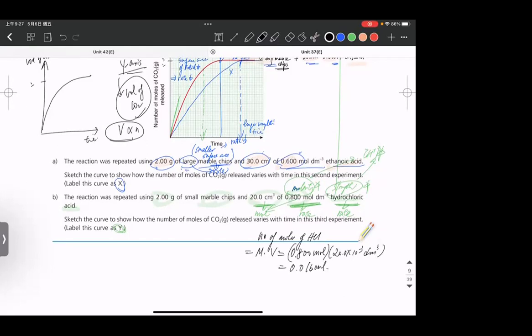How about the marble chips, 2.0? So how is the number of moles the mass over molar mass? Do you still remember how you get the answer? It is 2.00 grams over 100.1 grams per mole. So what is the answer for that?